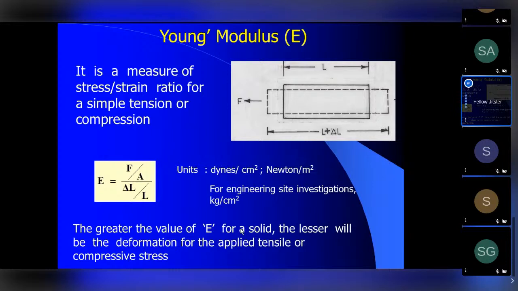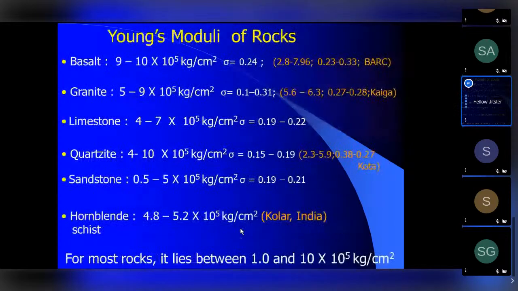If you have a shale or a slate, then the E value is less, so obviously the deformation will be more. Is this clear? Is this diagram clear? Because these are things that you have done when you were in 11th or 12th standard. Is there any question on this? It's clear, okay.